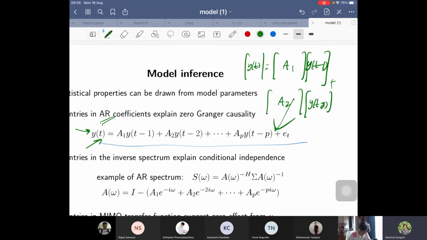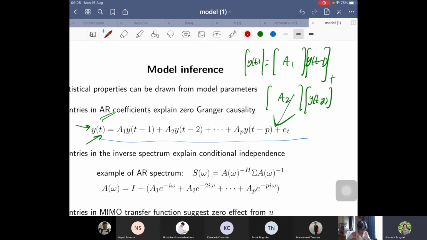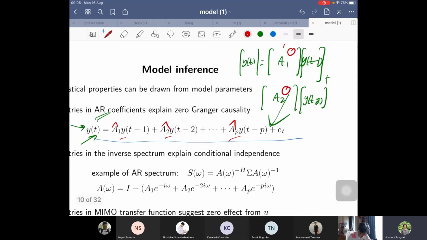In this case, after the estimation, which means your aim is to estimate these AR coefficients, if it happens that there are 0s at the same locations in all the coefficients, let us say this 0 location is element 1, 3.